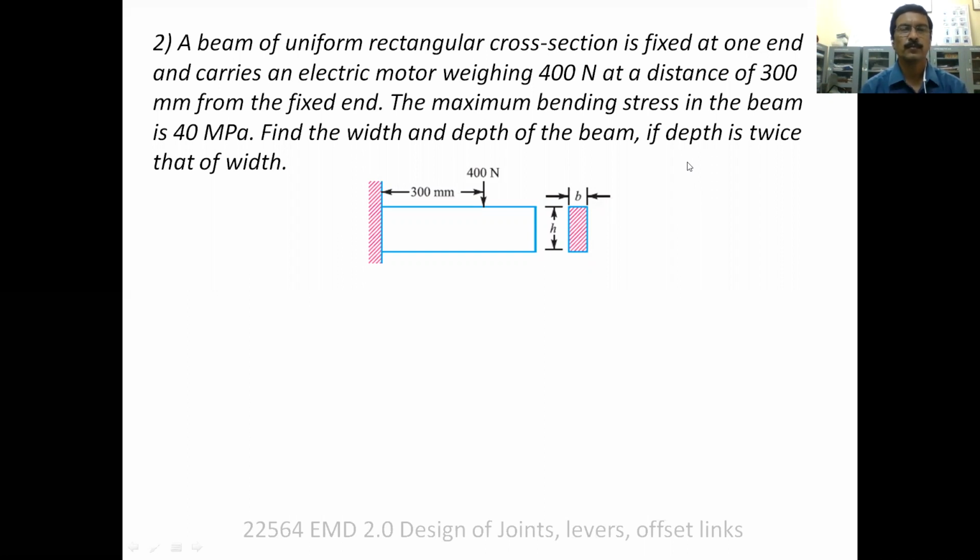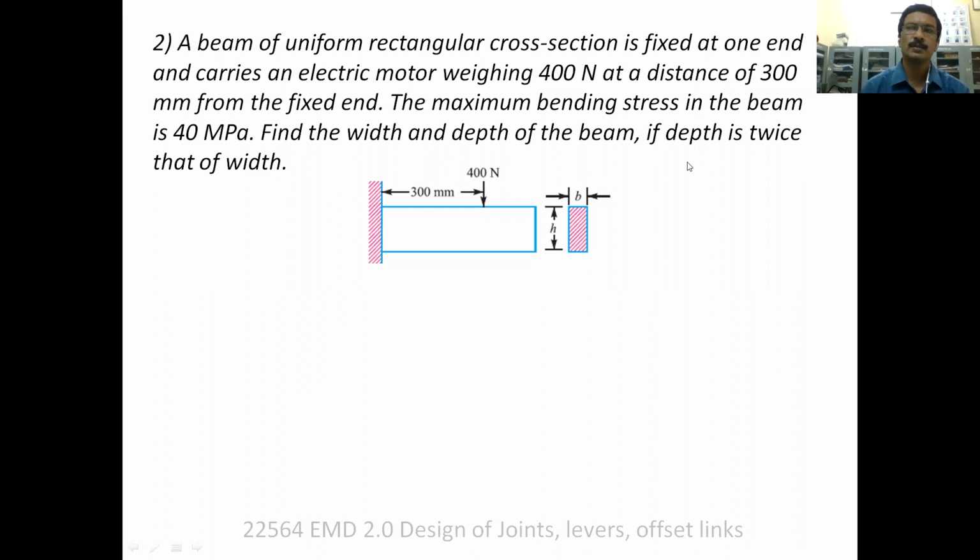Here in front of you, we have one problem in which a beam of uniform rectangular cross section is fixed at one end and carries an electric motor weighing 400 Newton at a distance of 300 mm from the fixed end. The maximum bending stress in the beam is 40 megapascal. Find the width and depth of the beam if the depth is twice that of width. So this is our problem.